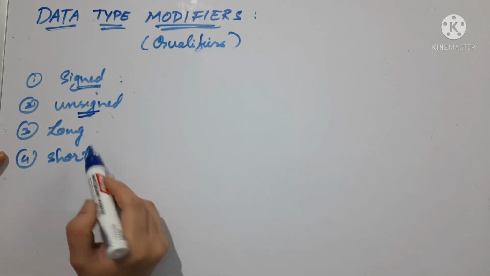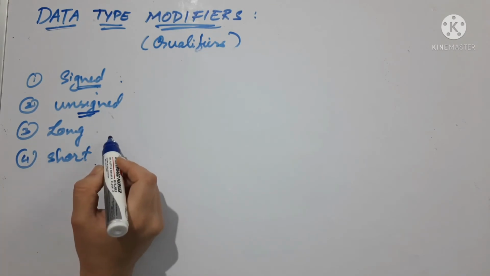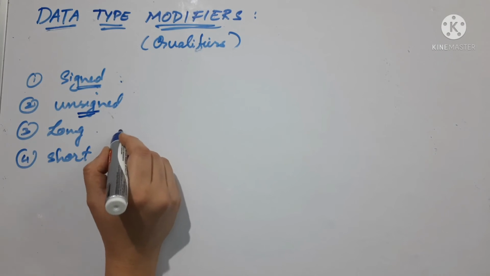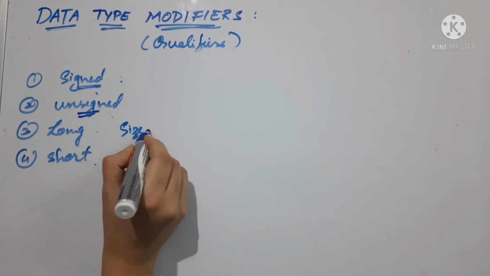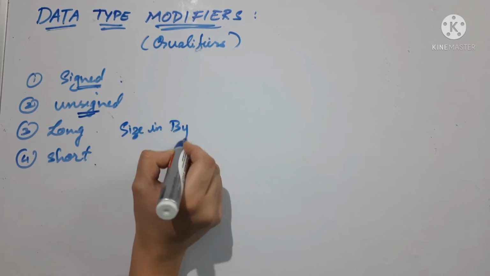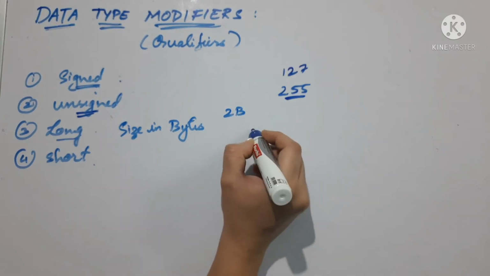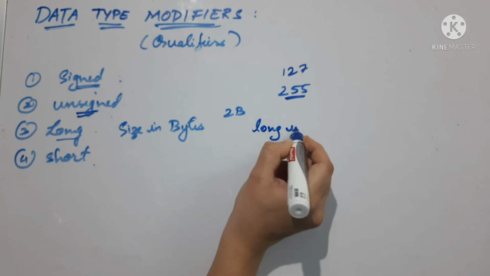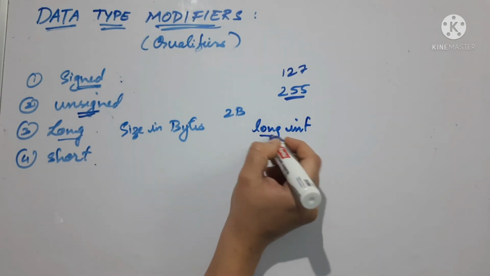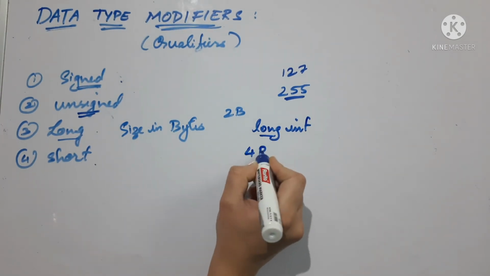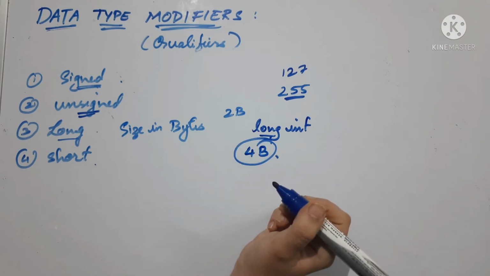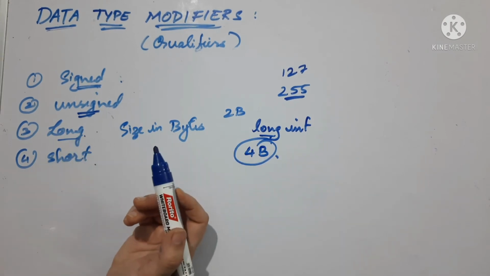Next comes long and short. Now suppose I want to increase the size in bytes for an integer value. So an integer value is taking how many? 2 bytes. So if I say long int, then what will happen? This long integer can take 4 bytes. 4 bytes of data is available if I say long.